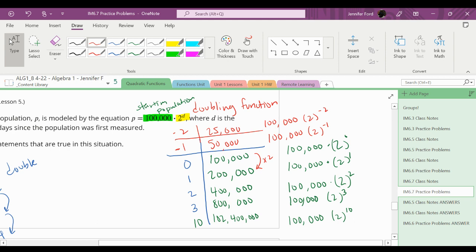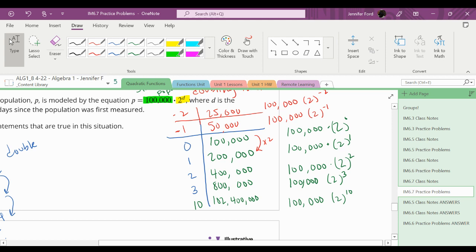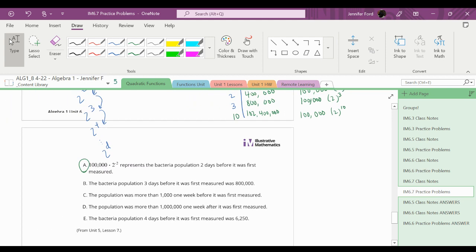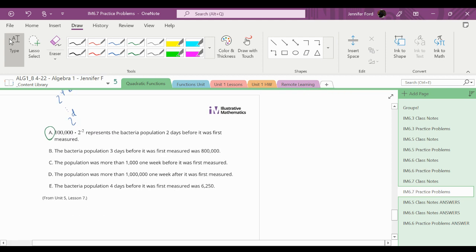If you put it into a calculator, 2 to the negative 2 power is a quarter because it's dividing by 2 two times. So 100,000 divided by 2 gives you 25,000. Sorry, I can't read numbers. So statement A is correct.